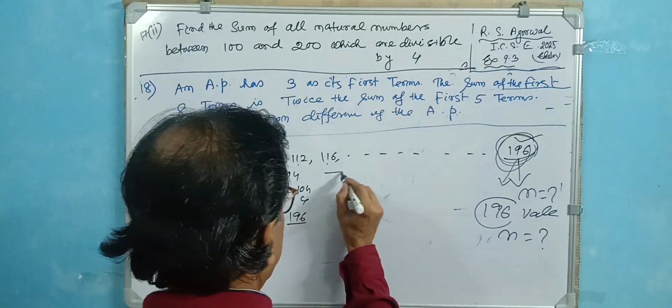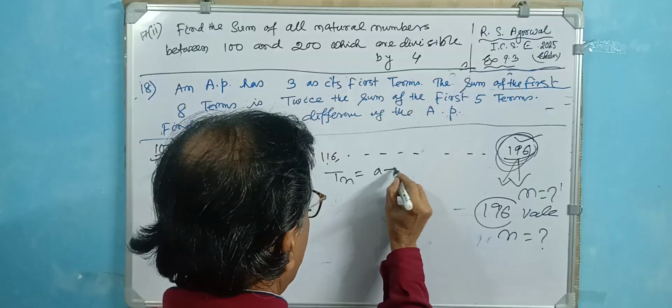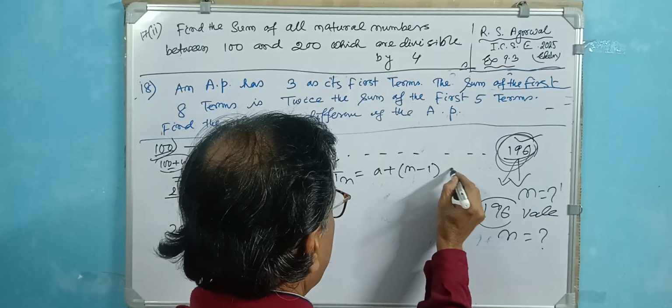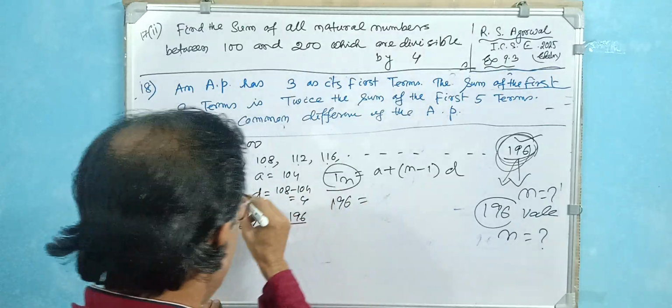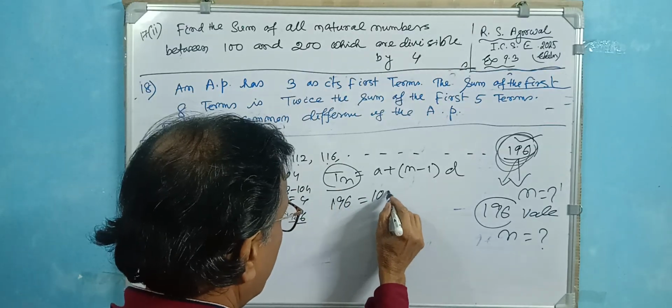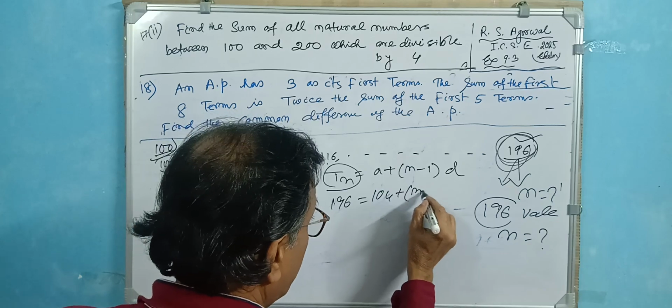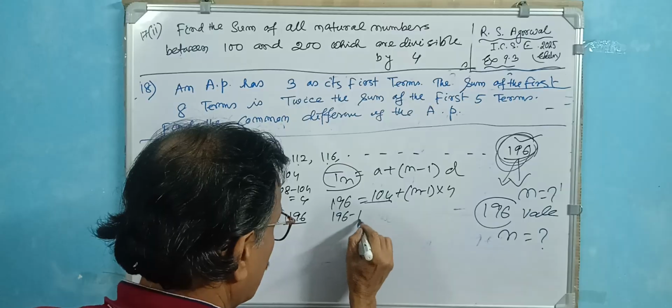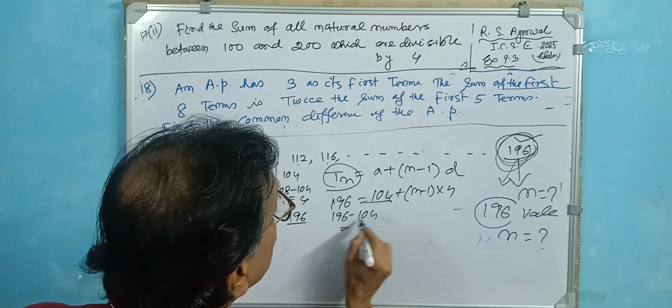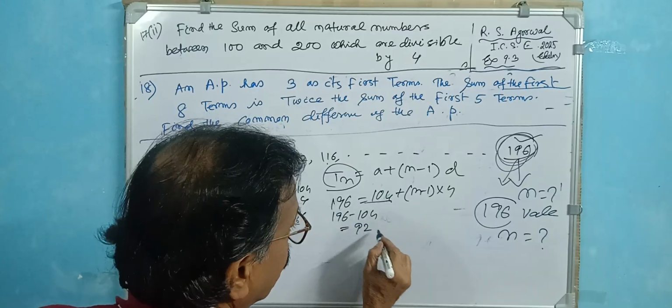So Tn is equal to a plus n minus 1 into d. Tn value you know, 196. a value you know, 104. You don't know the value of n, and d is 4. So 196 minus 104 is 92.